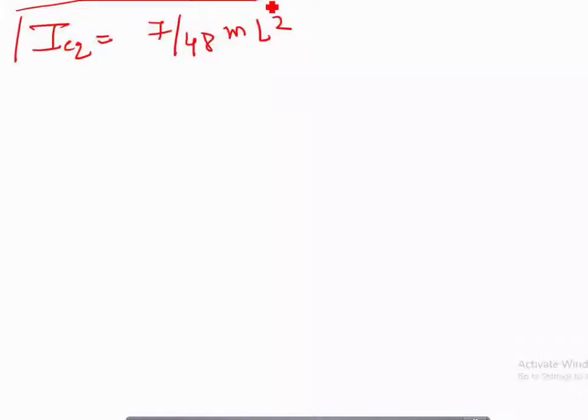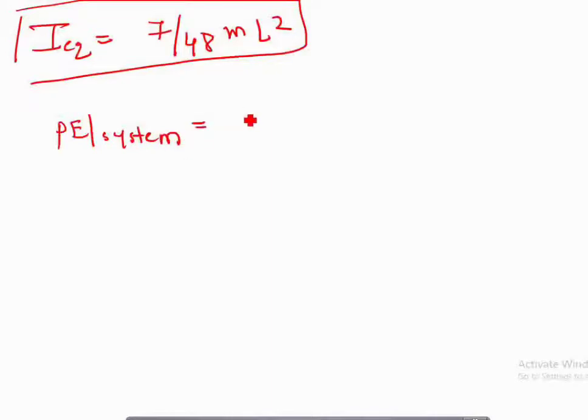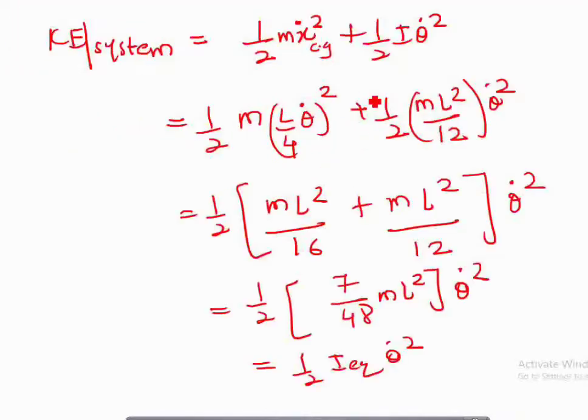Now the potential energy of the system. The potential energy of the system is the potential energy of the spring K plus the pendulum's. We'll go back to the figure.